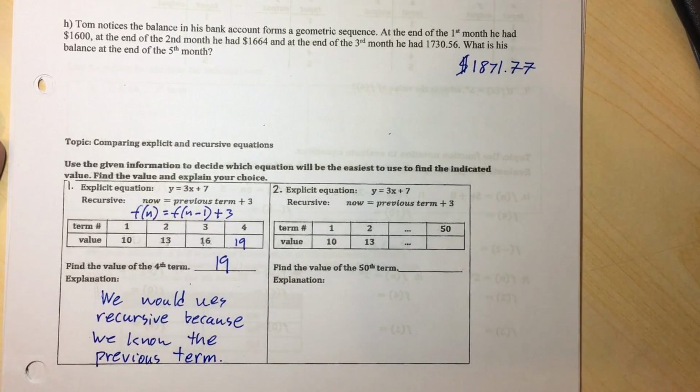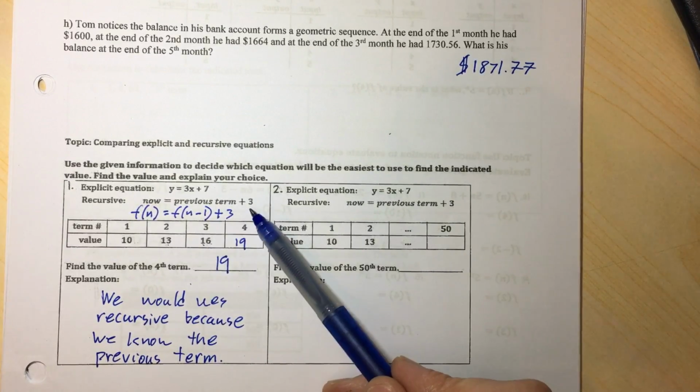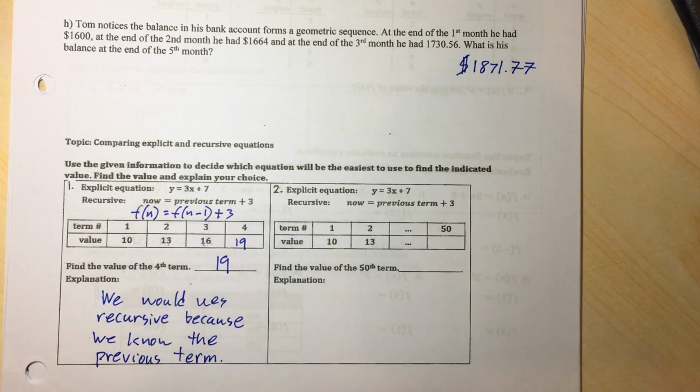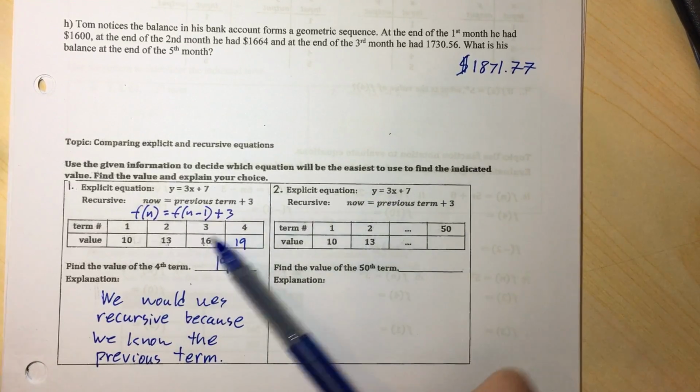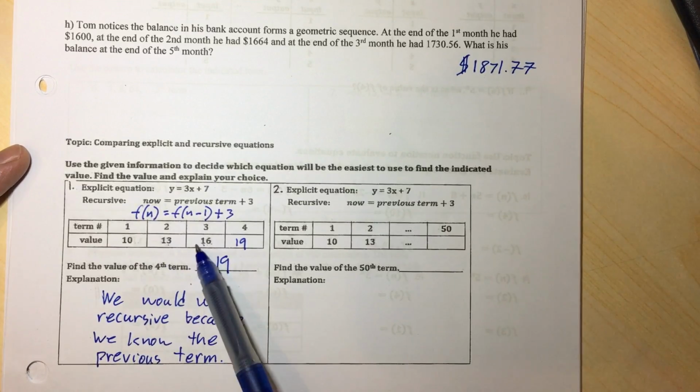That's really when the recursive rule is useful. If you know what the previous one is and you just have to add 3 to it, or you know you have to multiply by something and you know the previous one, that's when we're talking about using the recursive rule. In this case, it was just add 3, 3, 3, 3.